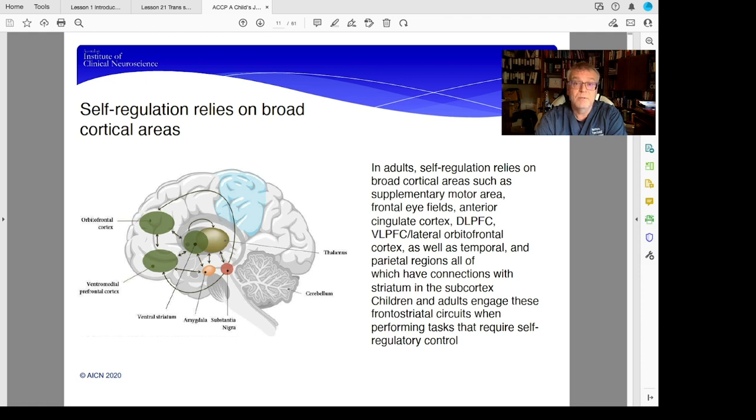And children and adults engage these frontal striatal circuits when performing tasks that require self-regulatory control. So the striatal circuits are down in the brainstem, including the substantia nigra, including the areas that control gating in the thalamus. So it's a very complex network that we're starting to talk about here.